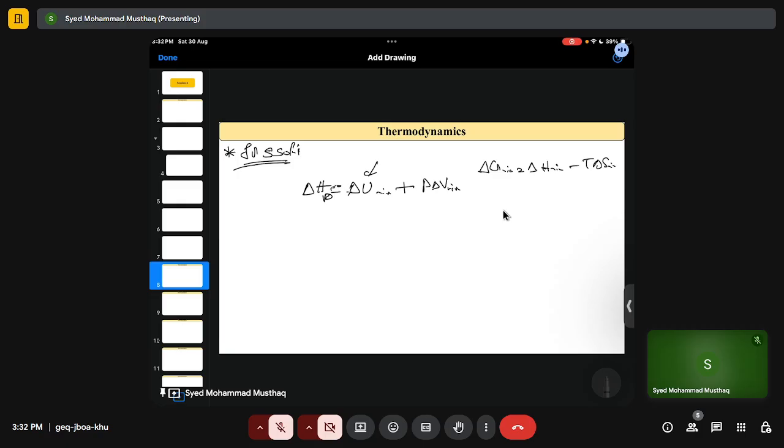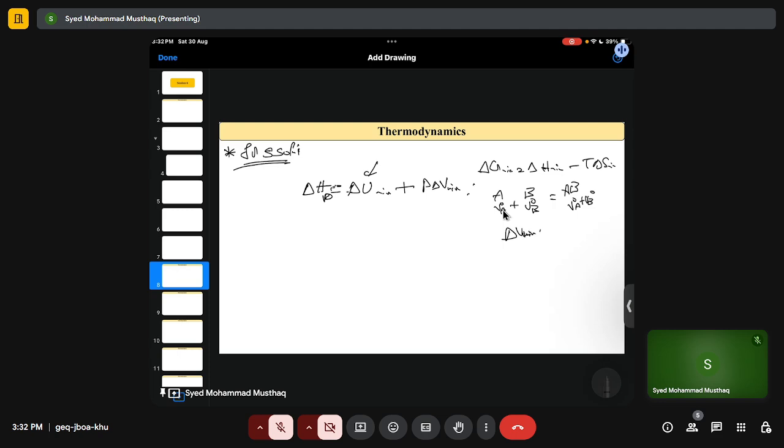Okay, so then we also consider, for example, A has a molar volume of V naught A, and B has a molar volume of V naught B. Then the final volume should be V naught A plus V naught B. Then what is the change?